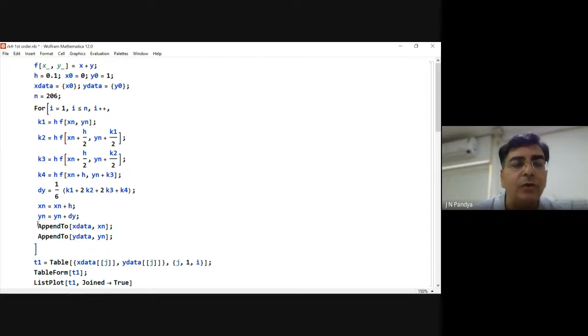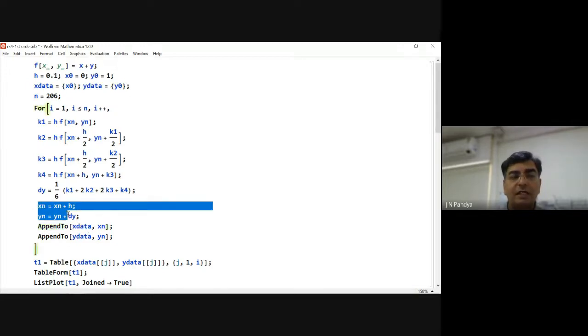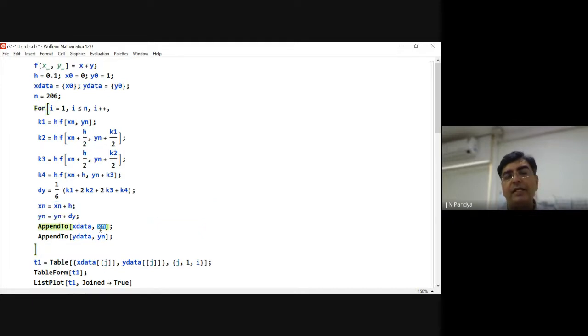And this is the most important thing. Remember, we had initiated this x data, and x data was having only one element, x0. y data was having only one element, y0. Now what we are doing is whatever is derived or computed here will be appended in this part.